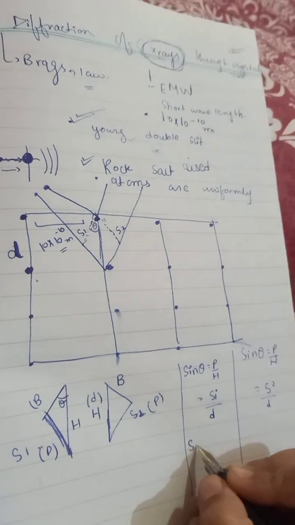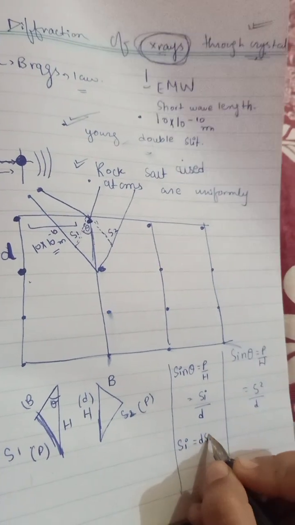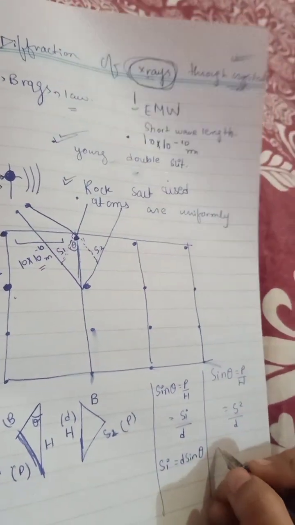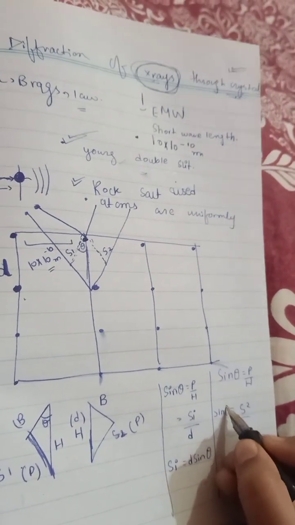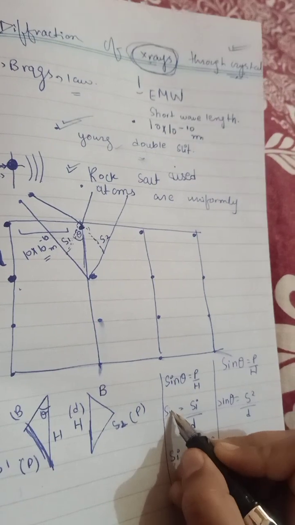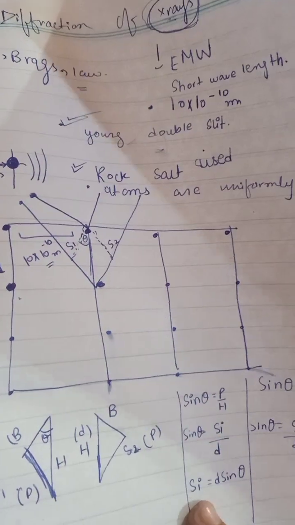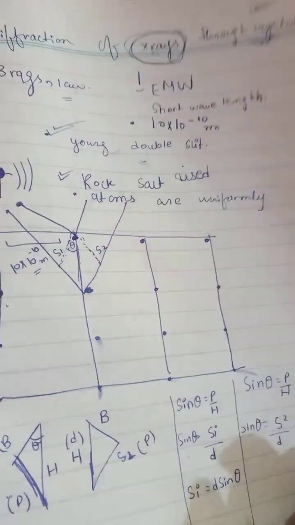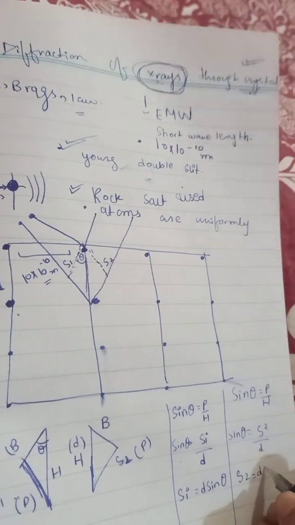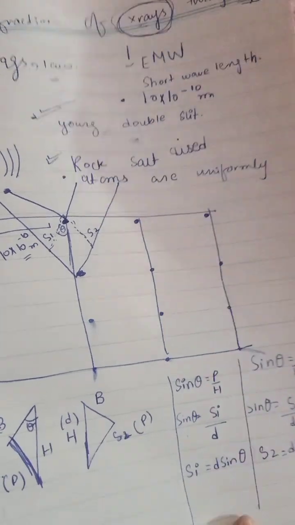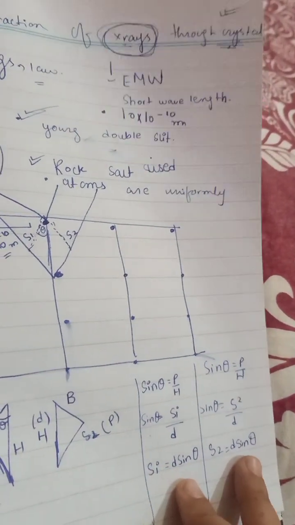So S1 is equal to d sine theta, and here S2 is equal to d sine theta. This is both the path differences we are having.